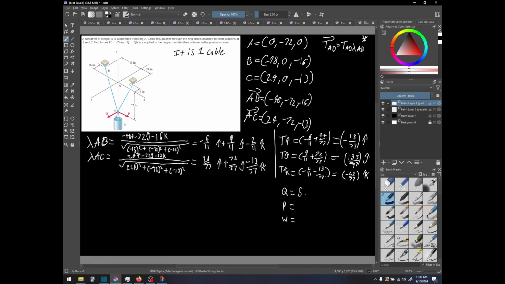So we know that q is 54. We do not know p, and we do not know w. And I think at this point now, we can set up our matrix by setting up our sum of x, sum of y, sum of z.